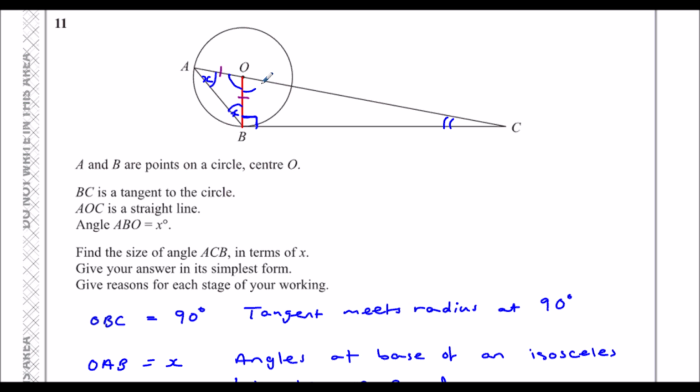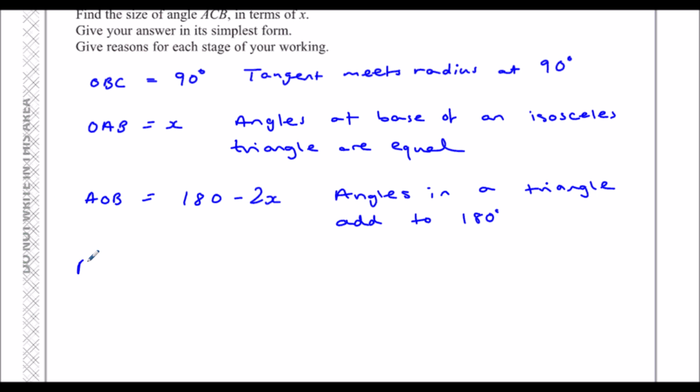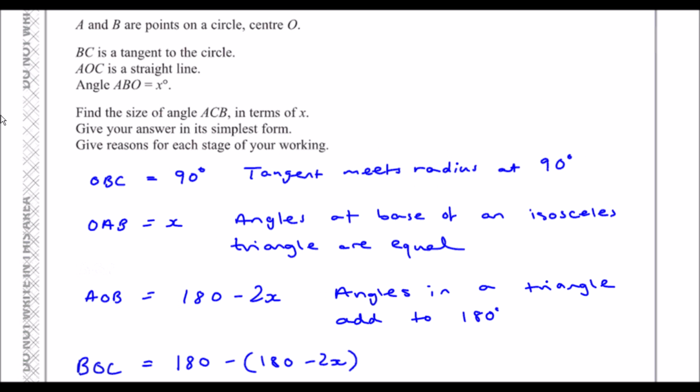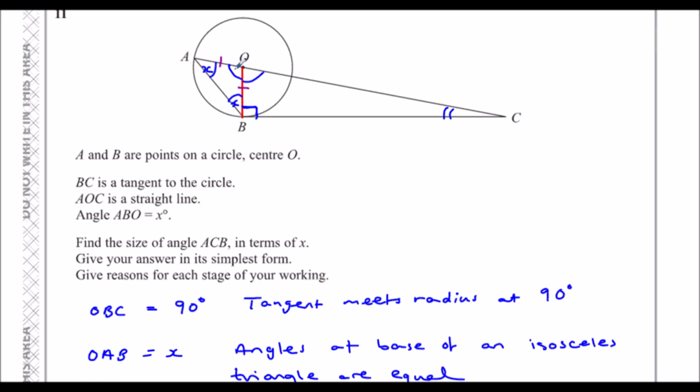And we can now work out BOC, because angles in a straight line add up to 180. So BOC is 180 minus 180 minus 2x. That looks confusing, but we've got 180 minus 2x. We need to add something on to get to 180. So 180 minus 2x plus something equals 180.